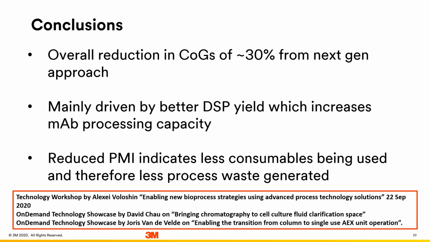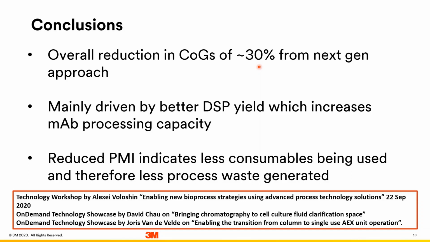Conclusions. So overall, we found that there was a reduction in cost of goods of approximately 30% from the next generation approach using the 3M technologies that we modeled in these processes.